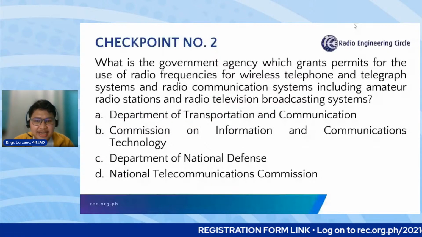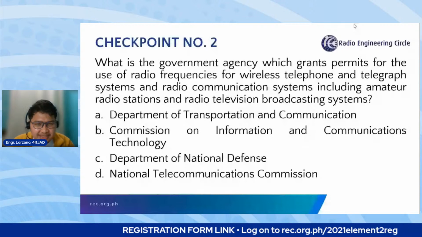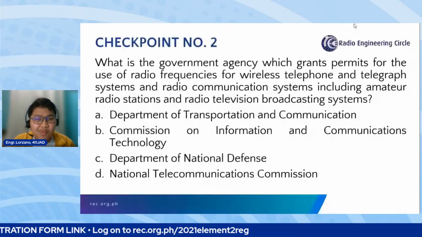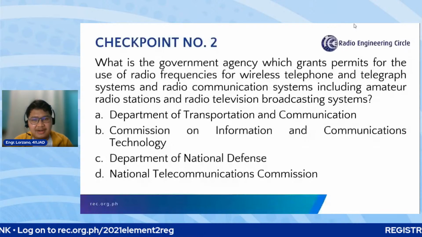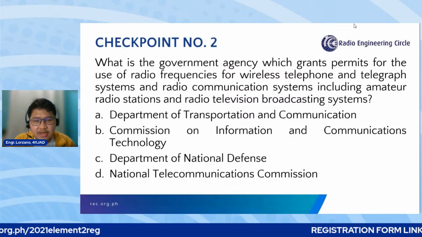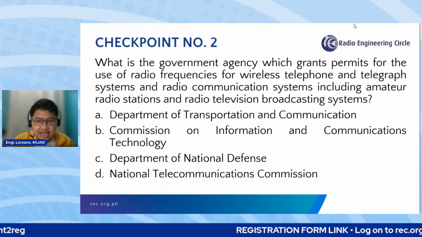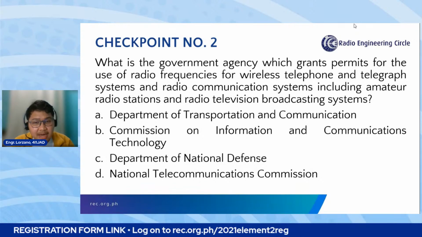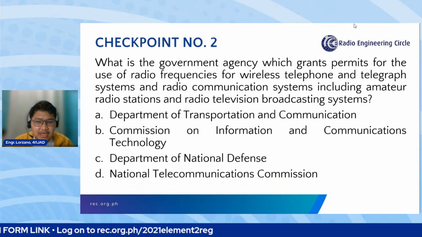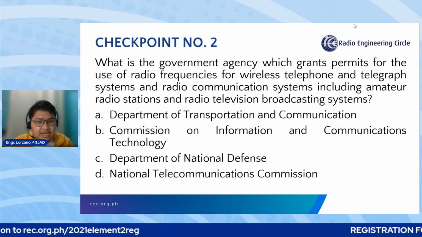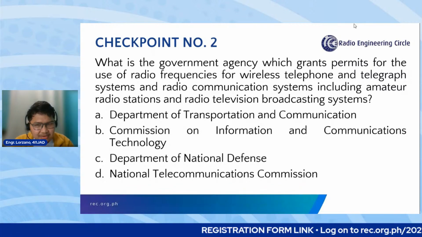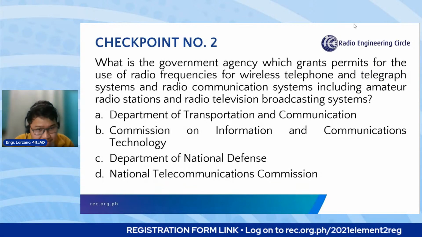Next question, what is the government agency which grants permits for the use of radio frequencies for wireless, telephone, and telegraph systems and radio communication systems, including amateur radio stations and radio television broadcasting systems? Is it letter A, letter B, Commission on Information and Communications Technology, letter C, Department of National Defense, or letter D, National Telecommunications Commission?